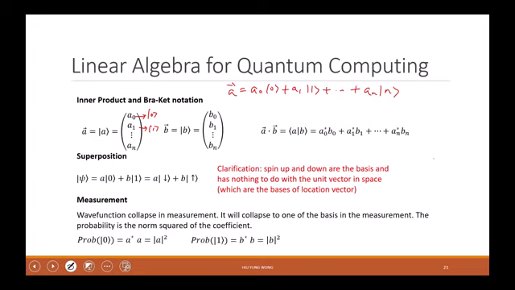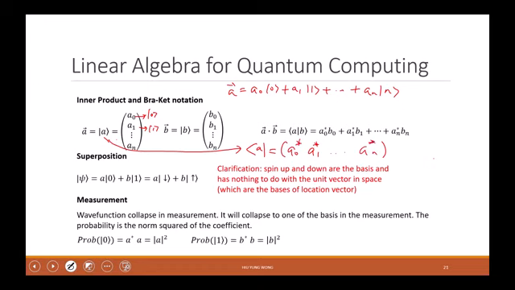For example, this is the ket of A, right? And then the bra is going to be the complex conjugate and transpose, right? Always remember this. So I do the transpose first, A0, A1, AN, and then I have this complex conjugate, right?